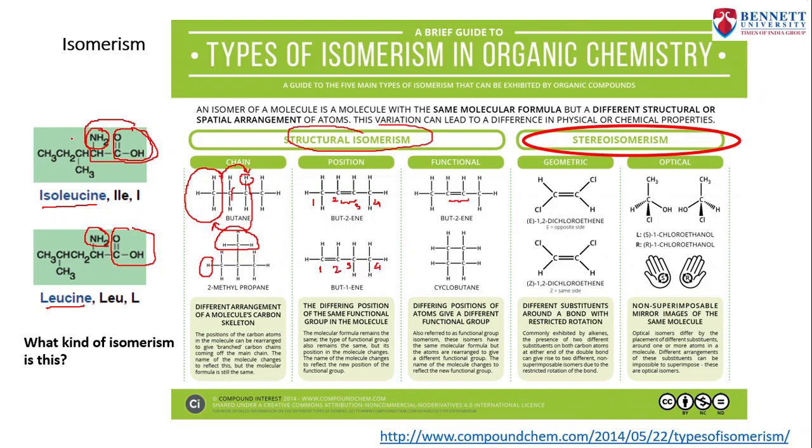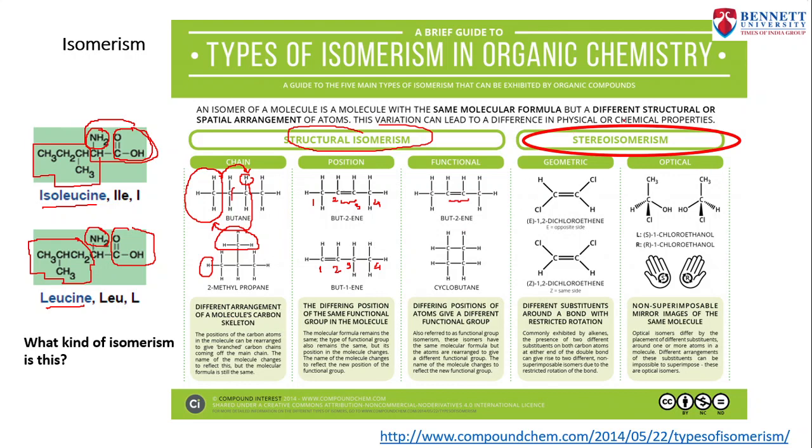But you can see there is a change in this part. The chemical formula remains the same, but there is a change in this part. So what kind of isomerization is this? We will discuss that after this slide.